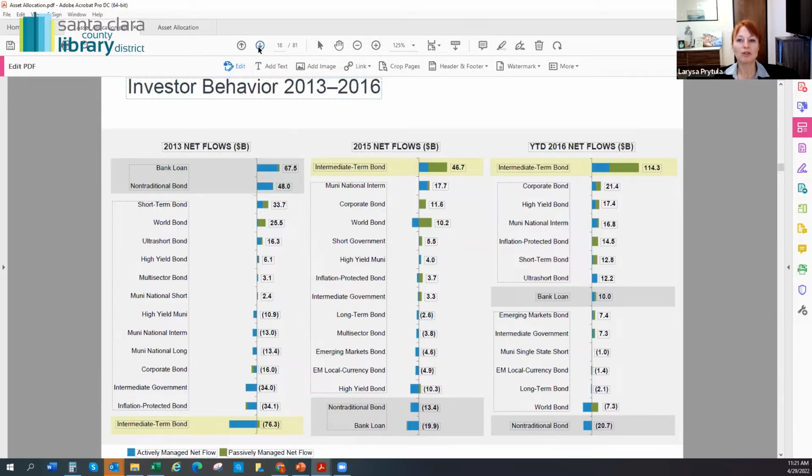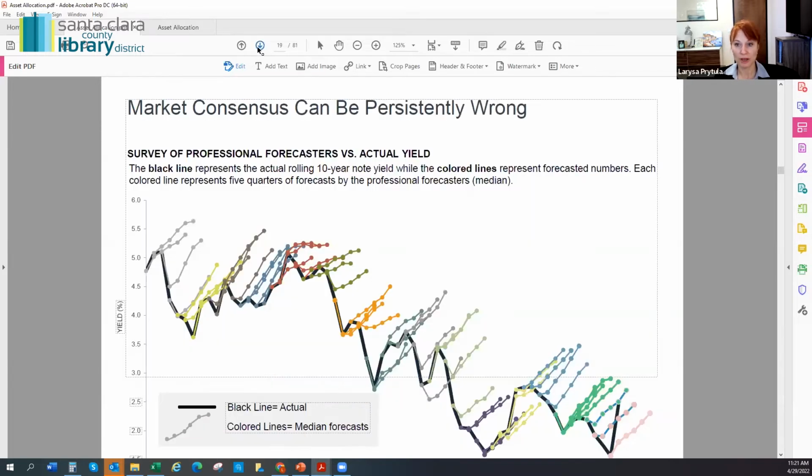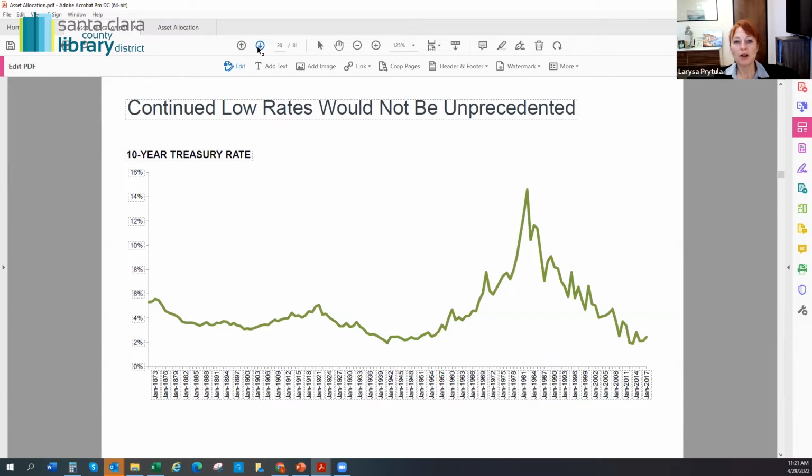When bonds are so sold out, as of today, you can see that if you are a brand new, conservative investor, bonds right now are at a very, very big discount.